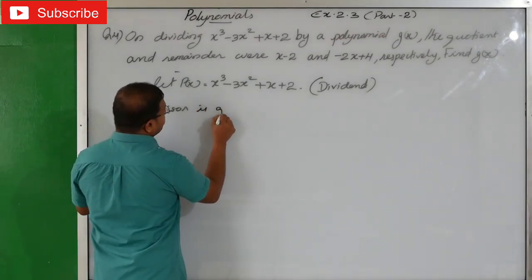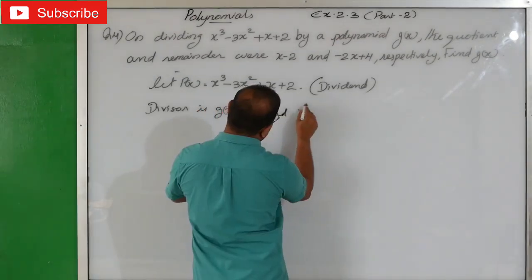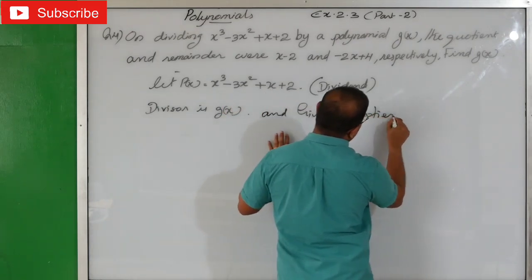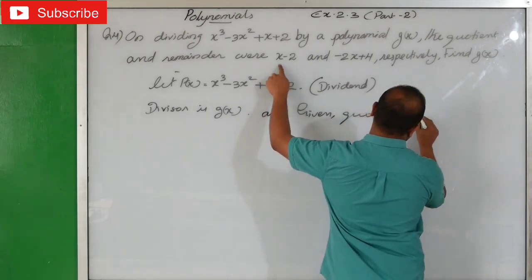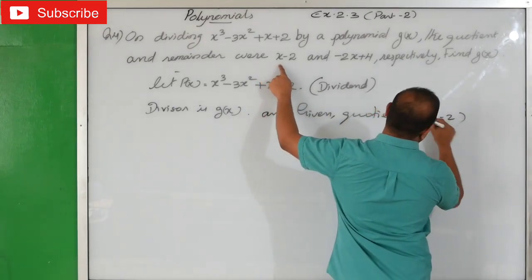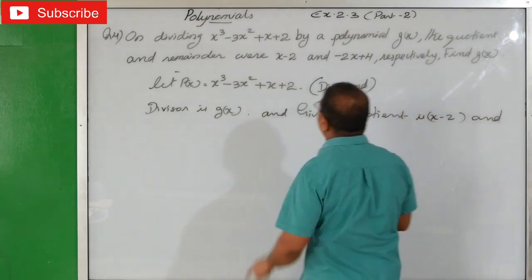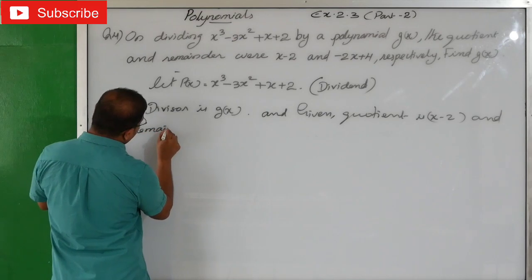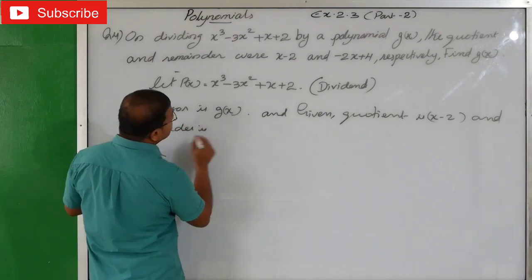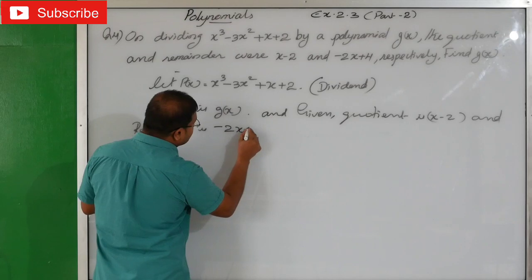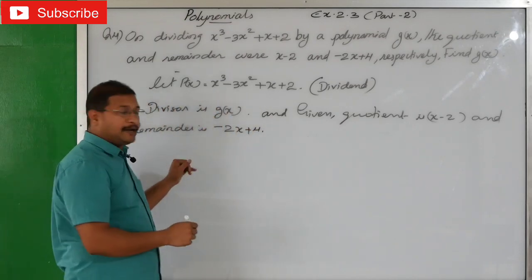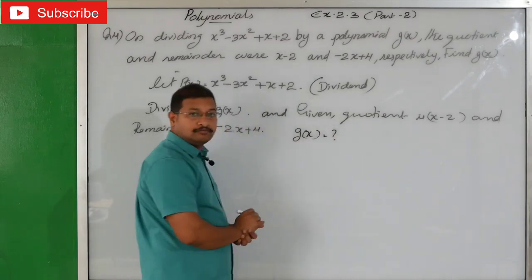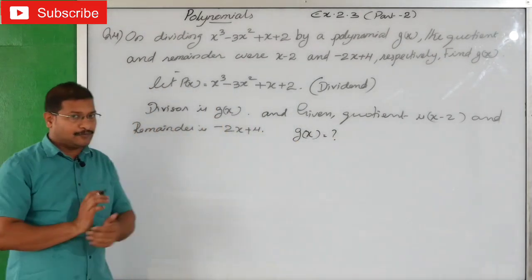Divisor is g of x and the given quotient is x minus 2 and the remainder is minus 2x plus 4. But according to the question, you need to find out g of x, that is the question mark. Ready? Now we know the division algorithm.